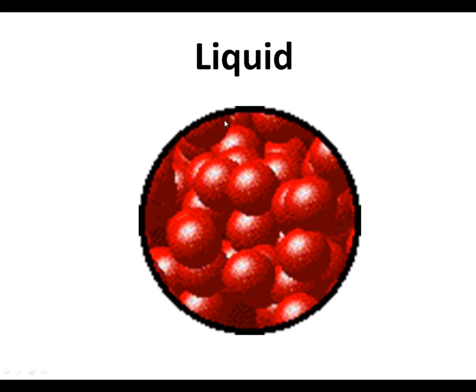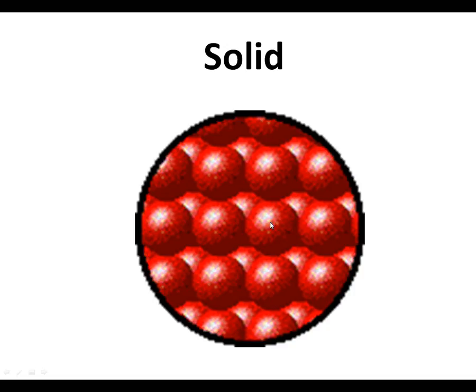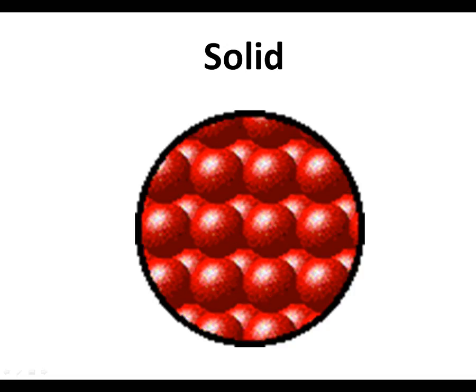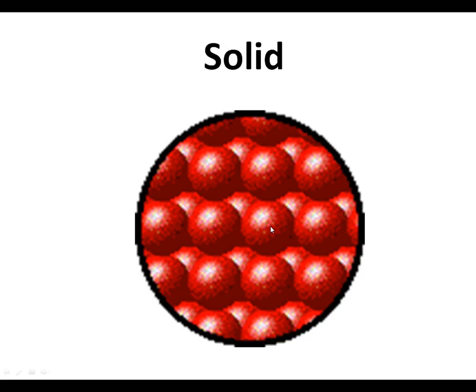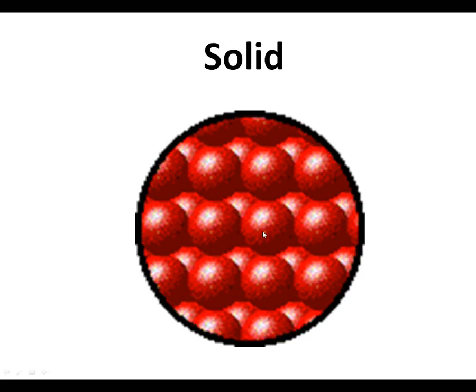Starting with a solid, this is what a solid looks like. We've got particles here, so each of these balls represents a molecule. It could be a single atom, but let's pretend for a moment that each of these balls represents a molecule, and the molecules are attracted to each other.